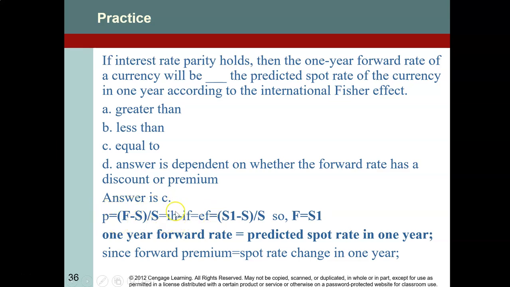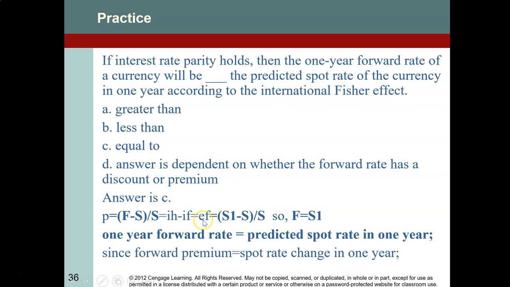This is the interest rate parity we learned in the last chapter. And according to the International Fisher Effect, we know that the change in exchange rate, EF, also equals home interest rate minus foreign interest rate. EF equals IH minus IF is what we learned from the International Fisher Effect.